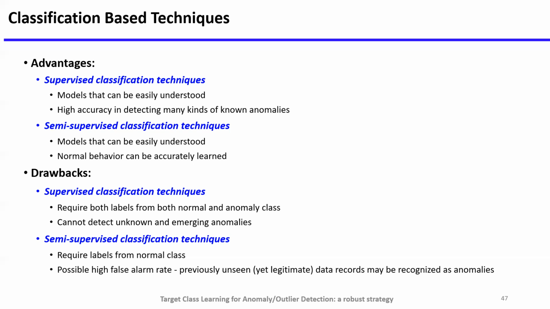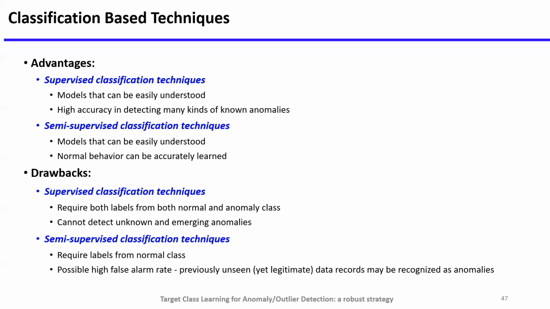If we try to see the drawbacks, in supervised learning techniques we need very concrete information about the normal classes as well as the abnormal classes, and if no prior class label is available, then there may be difficulty in understanding any kind of emerging anomaly, new anomaly or unknown anomaly.